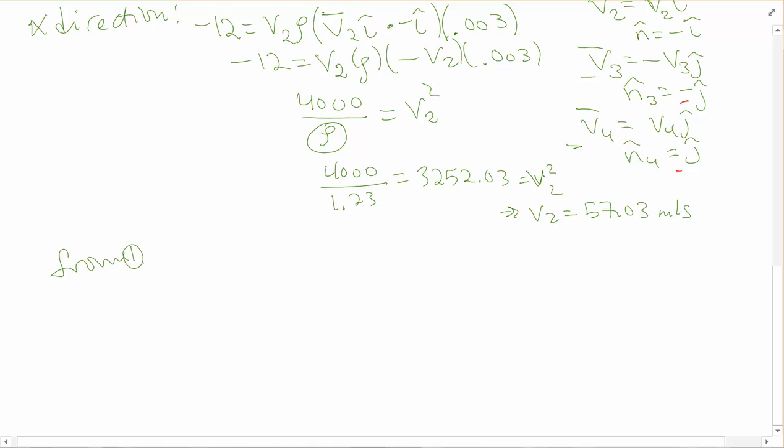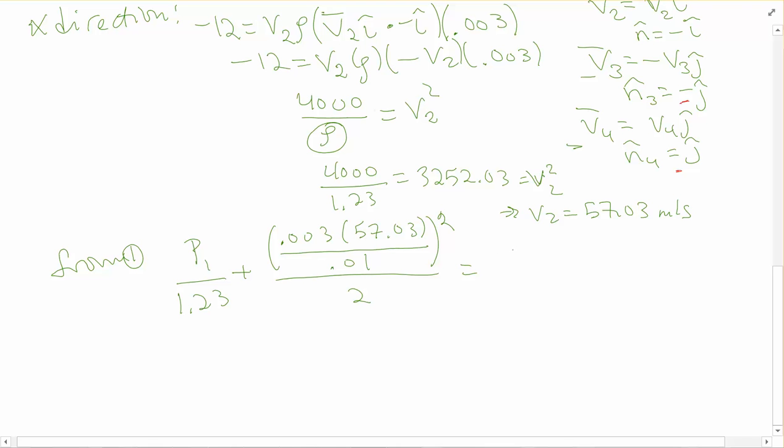So from equation 1, we're going to have P1 over the density, which is 1.23, plus the area, which was 0.003, times the velocity of v2, so that's 57.03, and then we're going to put that over the other area, which was 0.01, and then we are going to square that. And we're going to put that whole quantity over 2, and we're going to equal that to v2 squared.